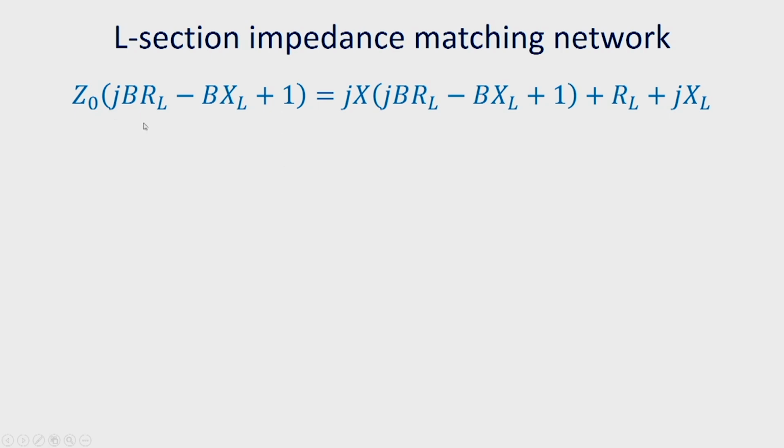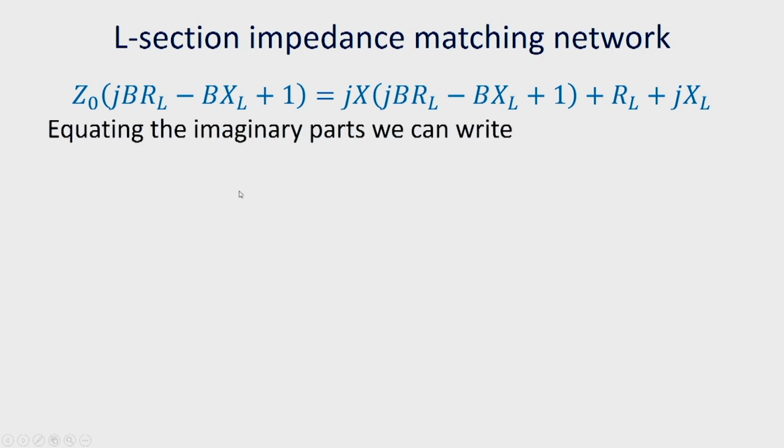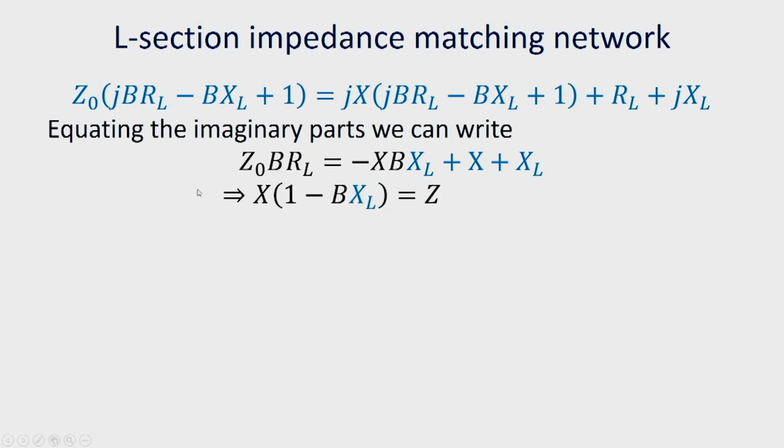So, if you collect the imaginary parts from both sides and equate them, then we get Z naught B RL is equal to minus X B XL plus X plus XL, and once again if we rearrange the terms we get X(1 minus B XL) is equal to Z naught B RL minus XL.